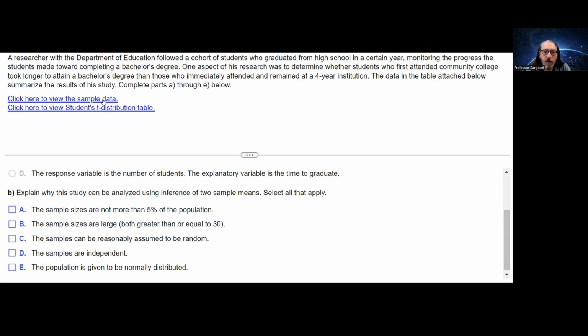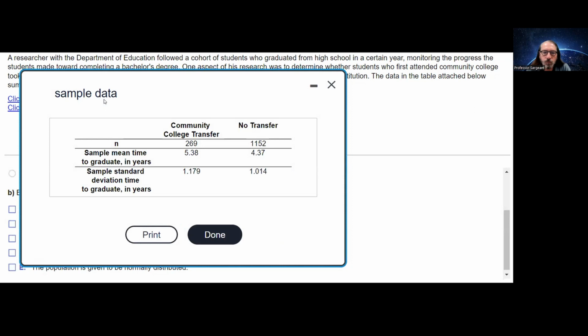Now, looking at the data, looking at our sample sizes, the larger of those two is 1,152. Well, if you think about all of the people that attend college, community college or four-year institution, one institution could have, I attended for undergraduate, a very small one.